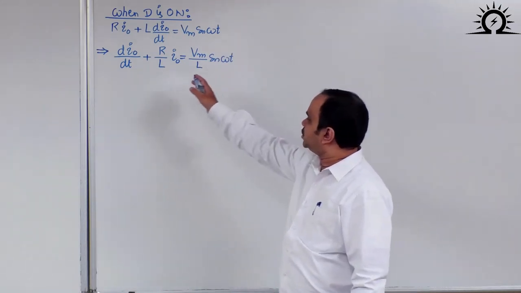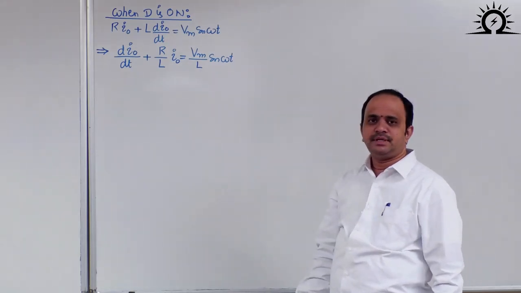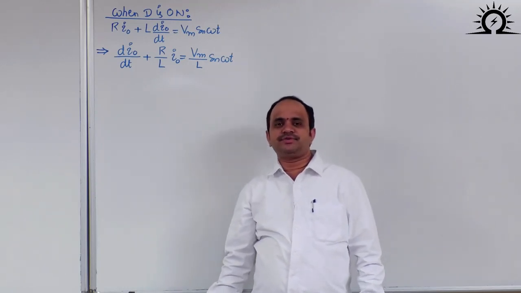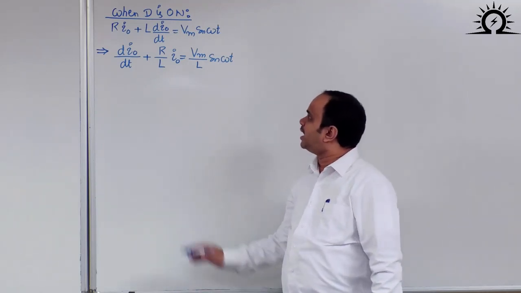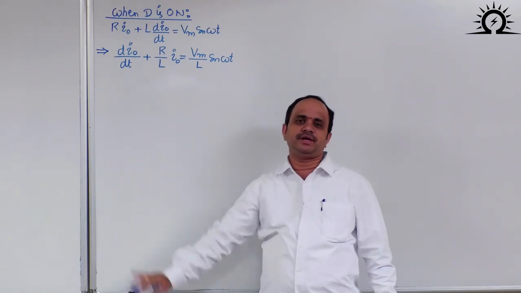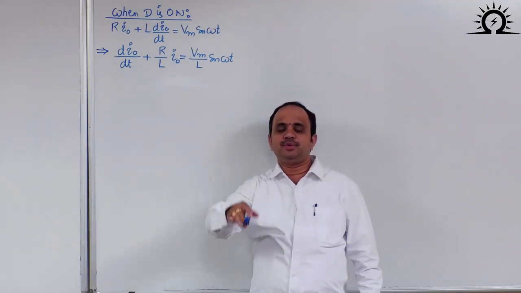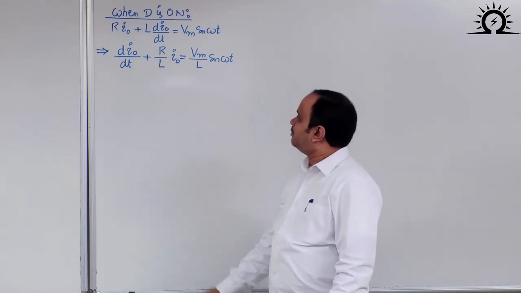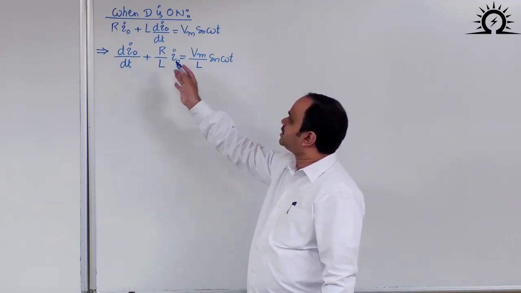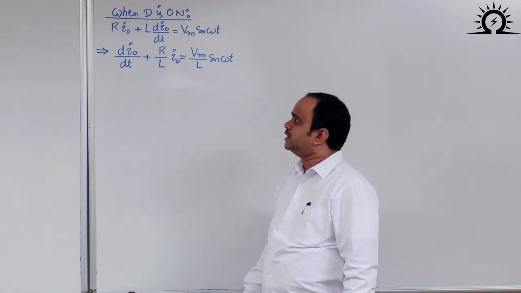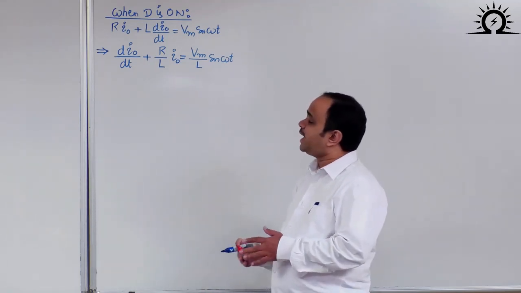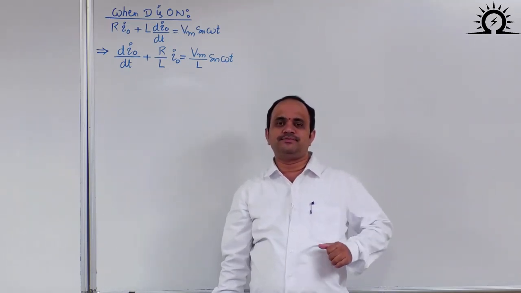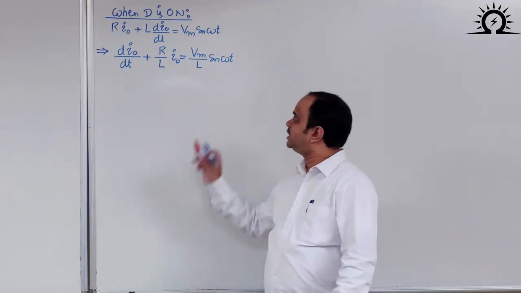Observe carefully here. In our previous two cases, in the case of resistive load, we had R into I naught equal to Vm sin omega t. In the case of pure inductive load, L into di naught by dt is equal to Vm sin omega t. But now, in this case, it is a combination of those two. So straight away, you cannot draw the output current waveform until you know the solution of this differential equation.